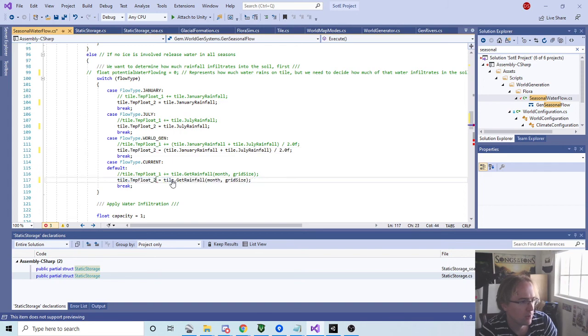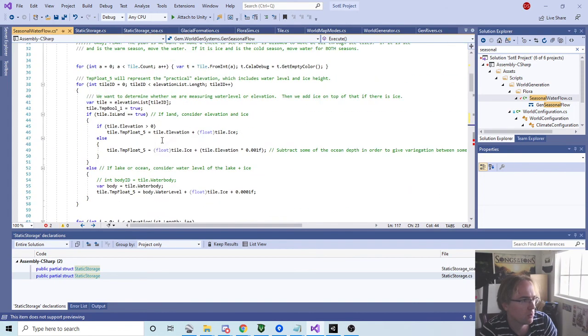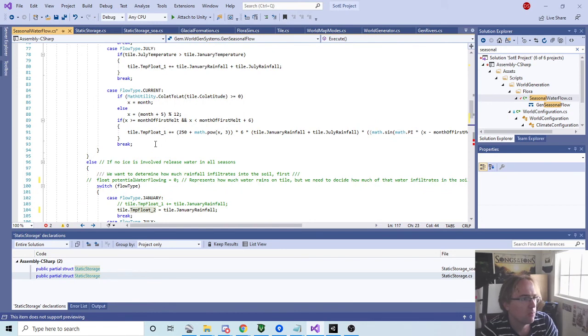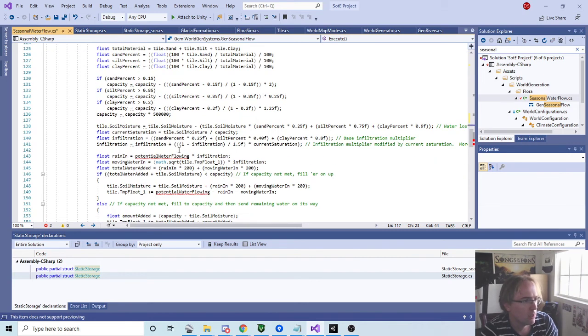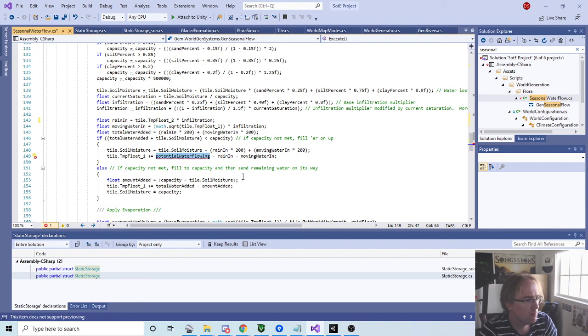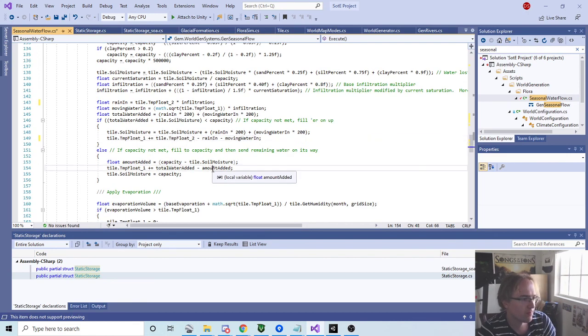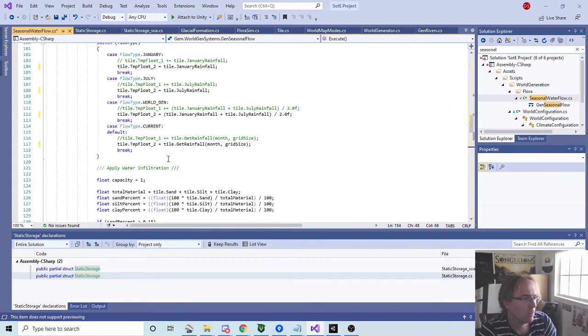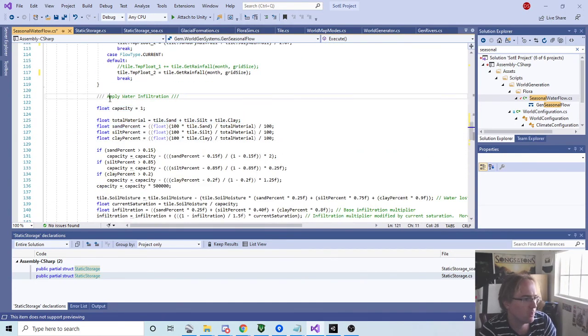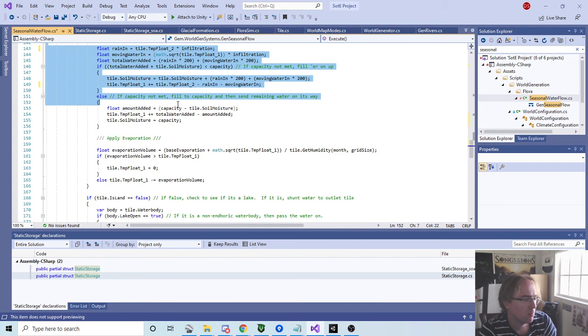I just need to make sure that I properly reset that variable, which I will do momentarily. And then we need to move all of this someplace else.